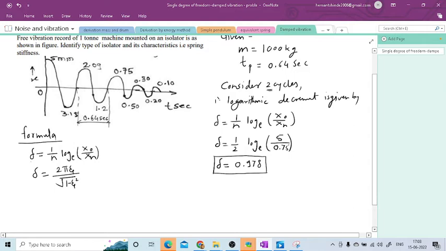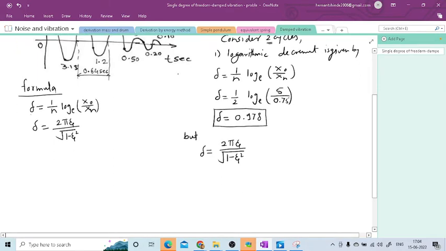Now by using the logarithmic decrement we can determine the zeta value, that is the damping factor. So I'll continue with this derivation, but the second formula for delta, that is the logarithmic decrement, is 2 pi zeta divided by root 1 minus zeta square.